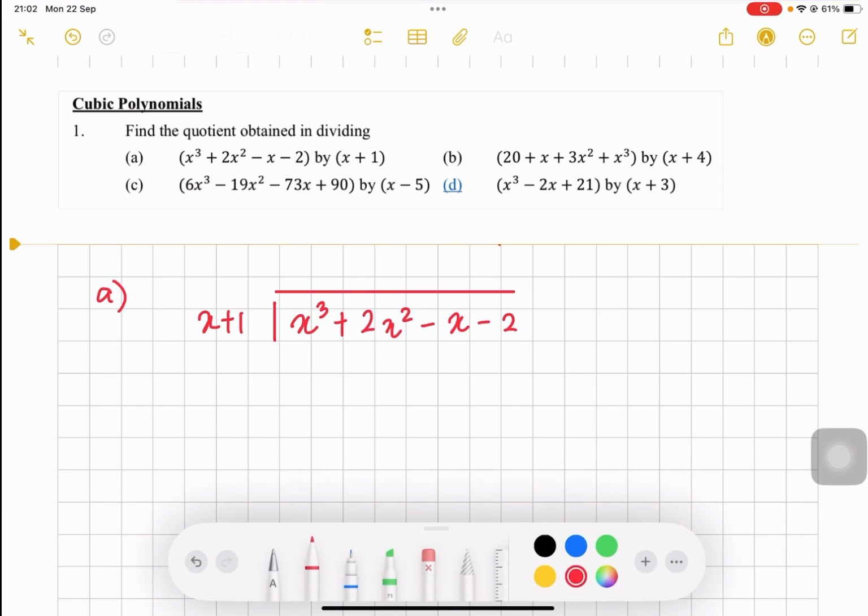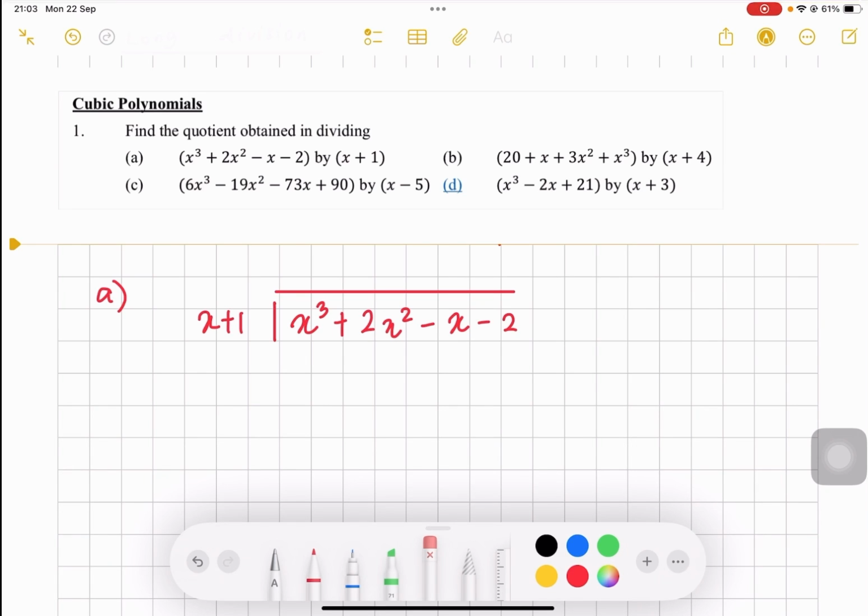First thing, before you do your long division, you need to make sure that your degree and your power are decreasing. You see 3, 2, 1 and this is actually x to the power of 0. It's decreasing, 3, 2, 1, 0, so no need to write x power of 0. Now that the degree is decreasing, you are ready to do long division.